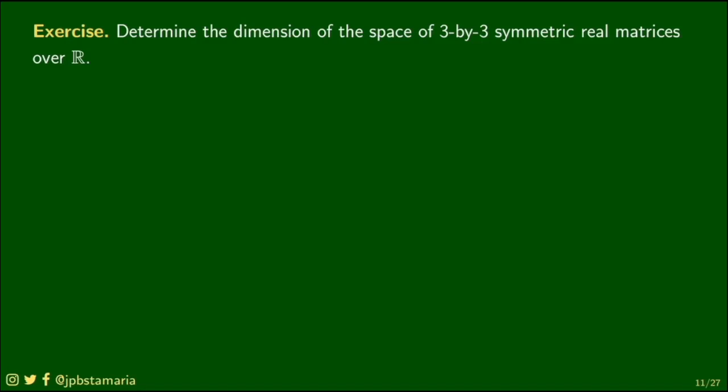So let us determine the dimension of the space of 3 by 3 real symmetric matrices. Now take note that a 3 by 3 real symmetric matrix is of this form.